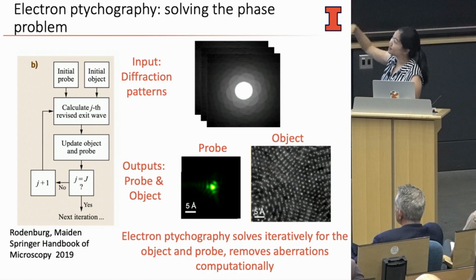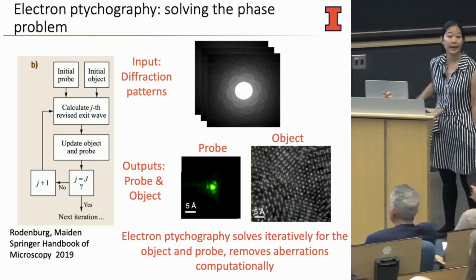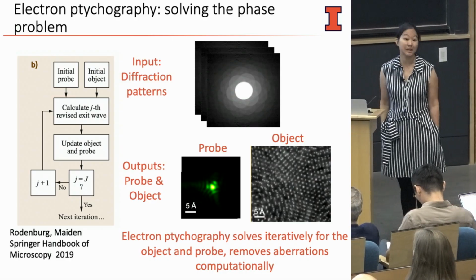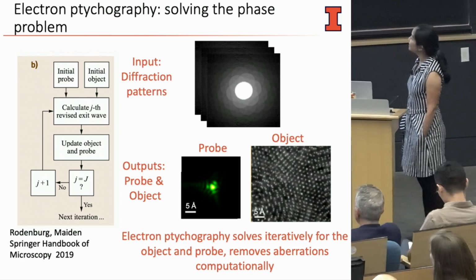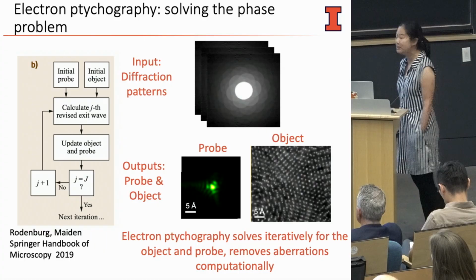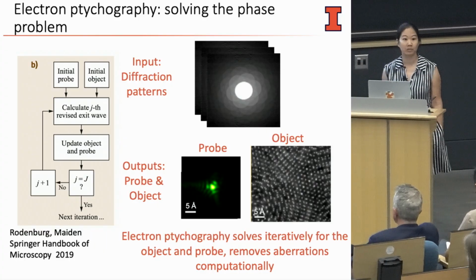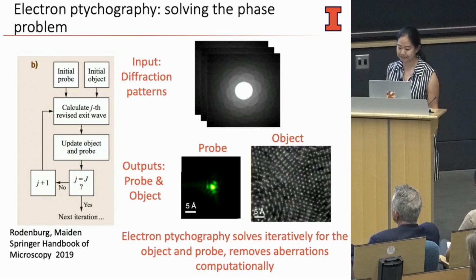Using that comparison, it updates its guess of the object and probe and iterates the process over again. Usually we run this several hundred to several thousand times, and usually using the most common codes, this can take anywhere from 30 minutes to several hours to overnight.